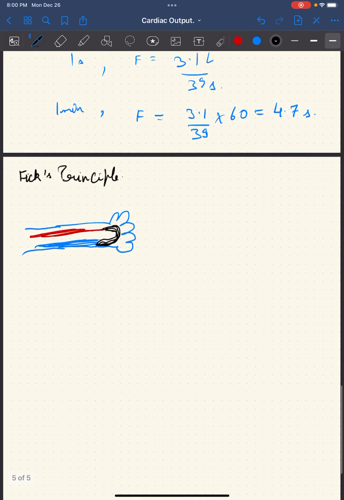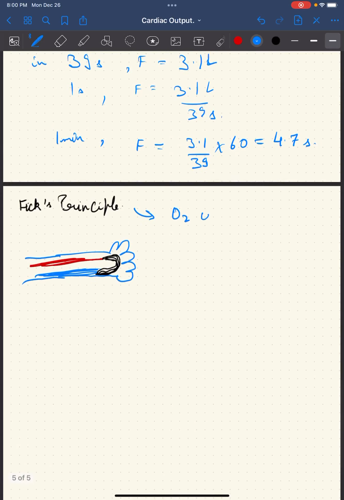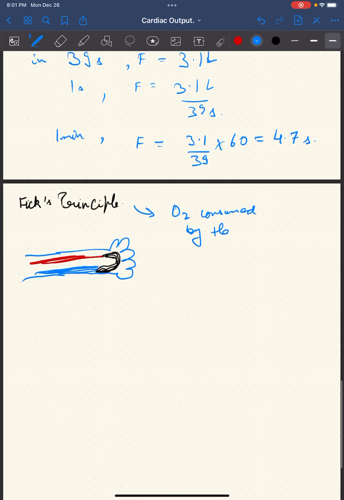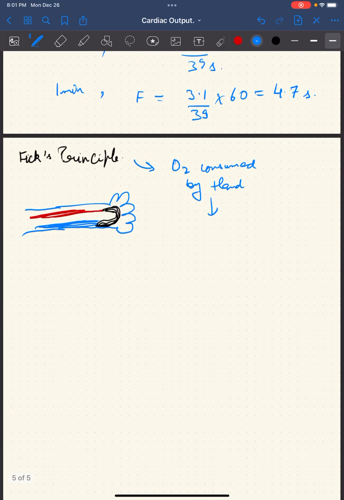So what Fick's principle says is that the oxygen, O2, that will be consumed by hand will be equal to the blood flowing, that is flow rate, into the difference between arterial oxygen level and venous oxygen level.